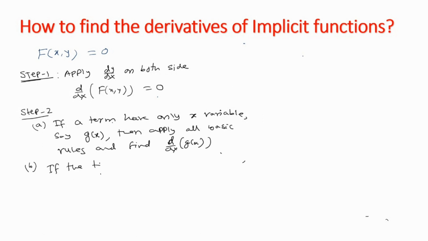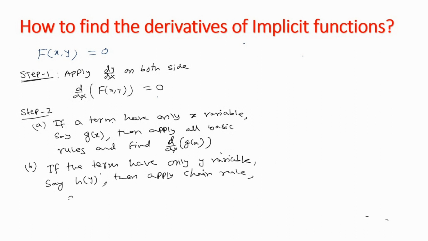If the term has only the y variable, say h(y), then apply the chain rule: d/dx of h(y) equals d/dy of h(y) times dy/dx, and for this part apply the rules of derivatives.